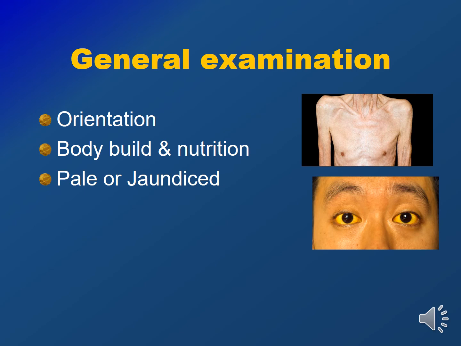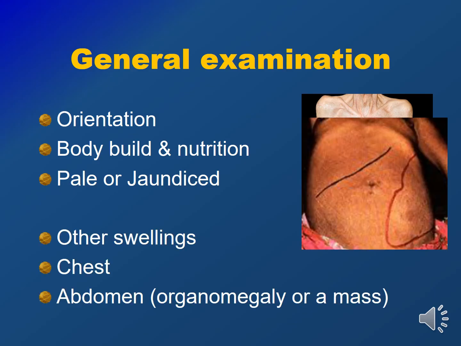As we see in this picture, we notice cachexia of this man, and paleness or jaundice, which is noticed in the eye of that lady. If the patient has other swellings than the one he is complaining about, we have to do a full chest examination and also abdominal examination, especially looking for any organomegaly or other masses.